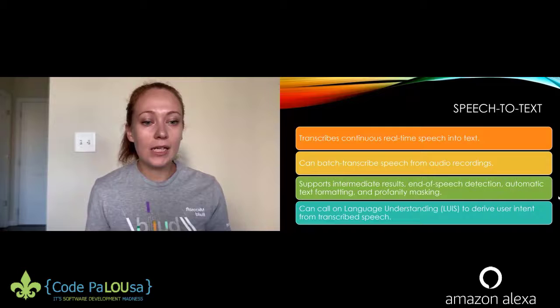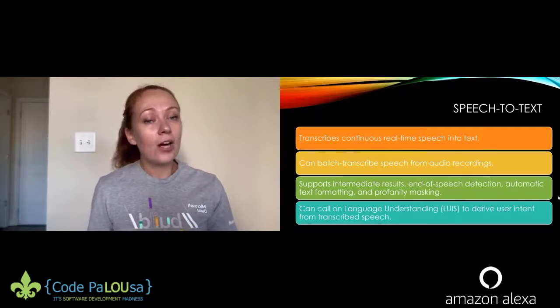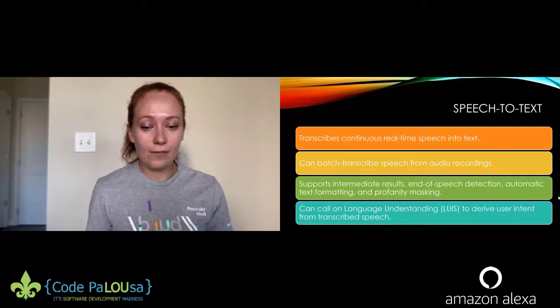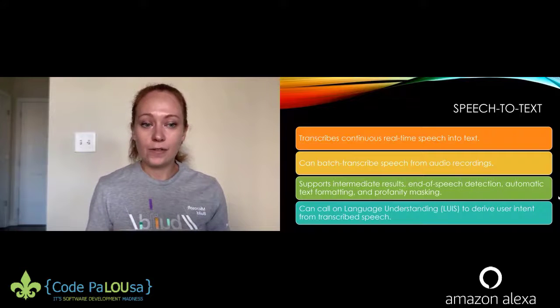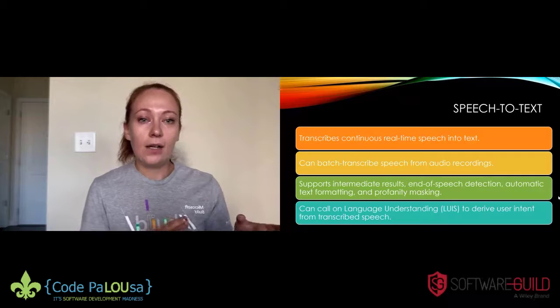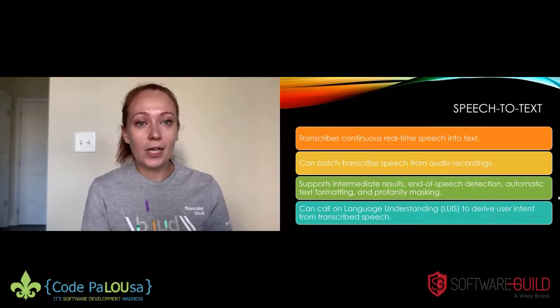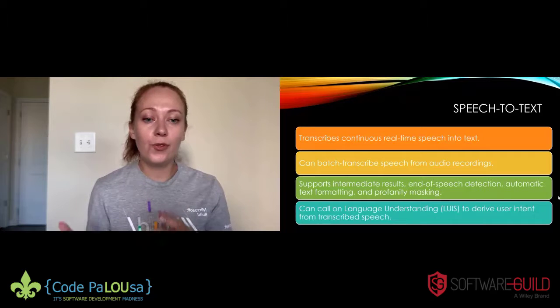Another cool thing is that you can use speech services with other cognitive services. So here I have LUIS, Language Understanding Intelligent Service, that is also a cognitive service. But basically, LUIS doesn't work with speech directly. So you need to feed text to LUIS.